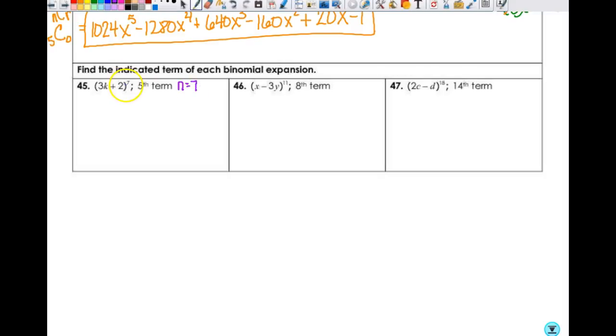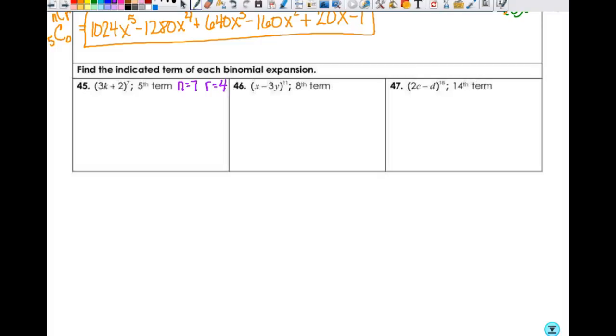It's also the row number. The term number is not r. r is the element number, and remember that the element starts with 0. So if I want the 5th term, I really want the 4th element. So row 7, 4th element.